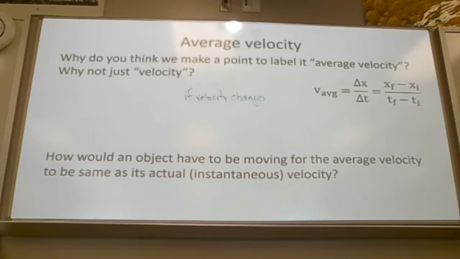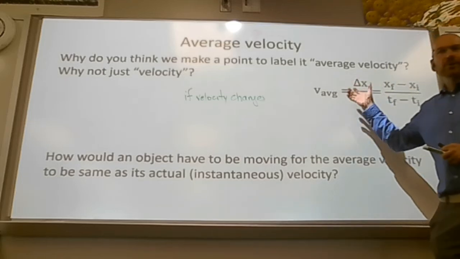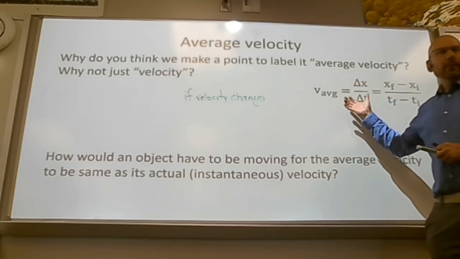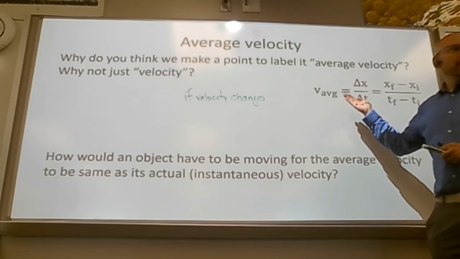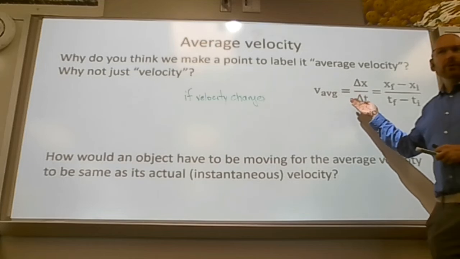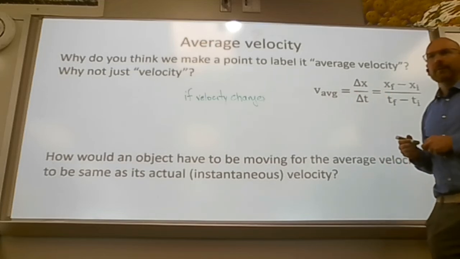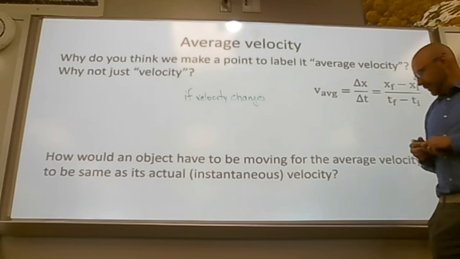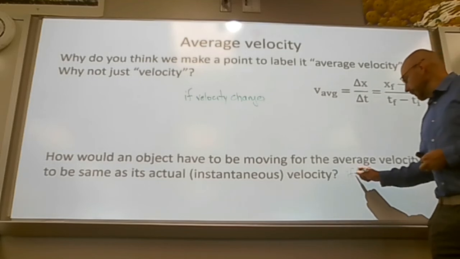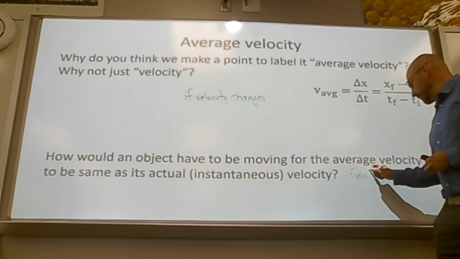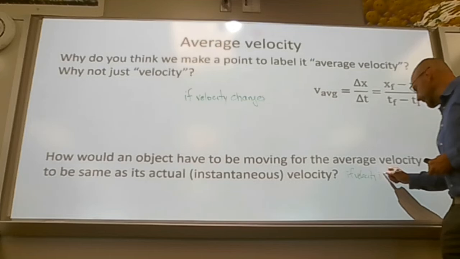When would this be a valid approach to find my instantaneous velocity? What would I have to be doing in my car for that to be the actual thing? Elena. Right, if velocity is constant.